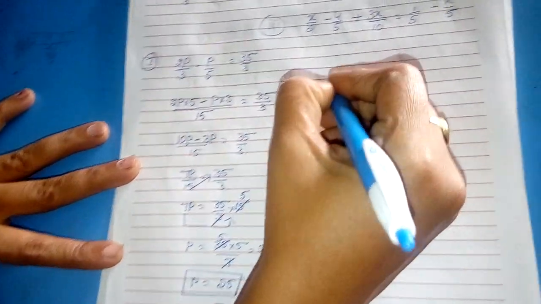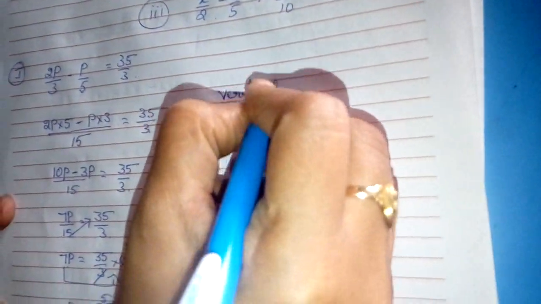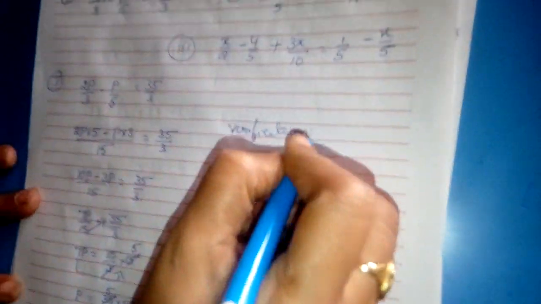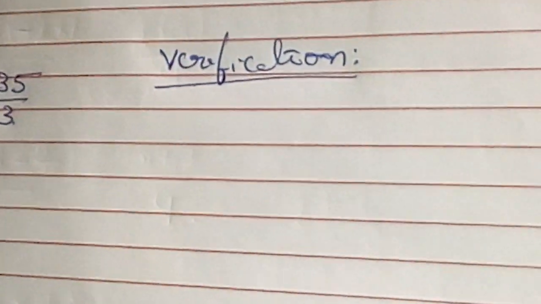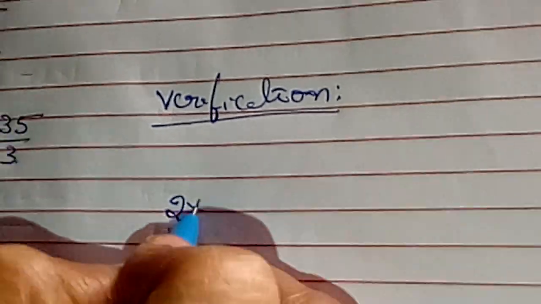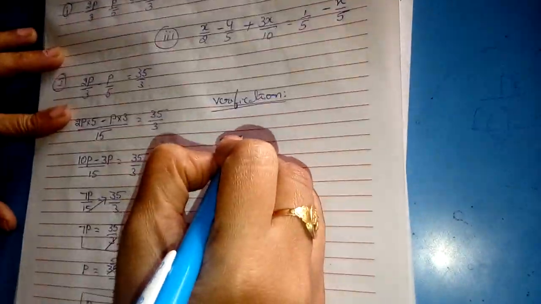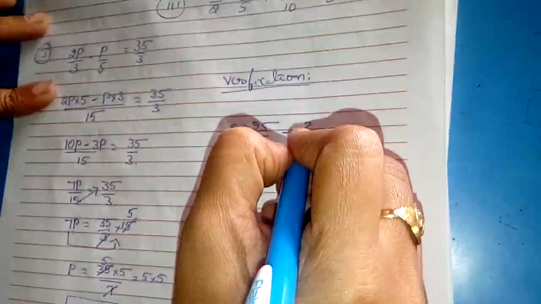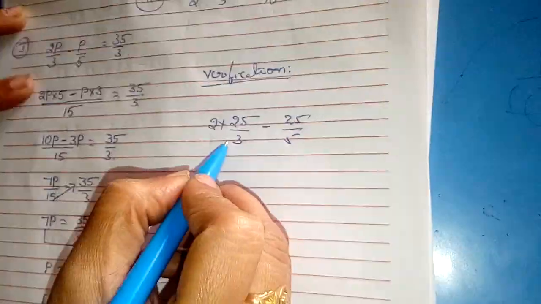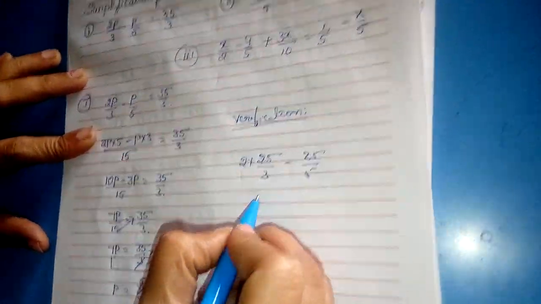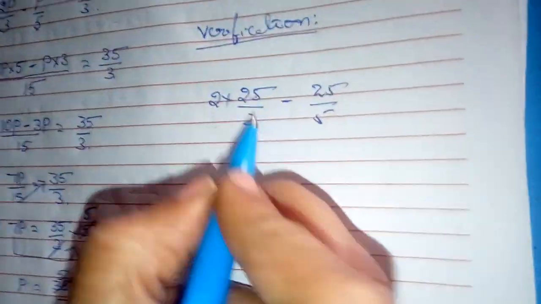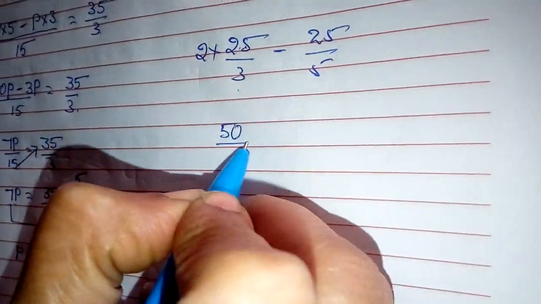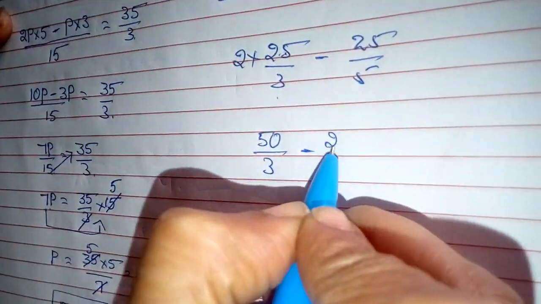Now I am doing the verification. In the examination there is no need to do the verification. This is only for understanding purposes that I am explaining to you. The p value we got is 25. Substitute p is equal to 25: 2 into 25 is 50 by 3 minus 25 by 5. Here cancellation gives 5.